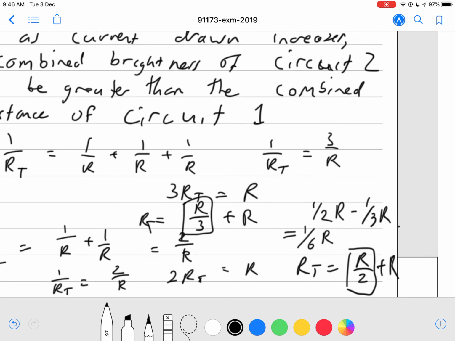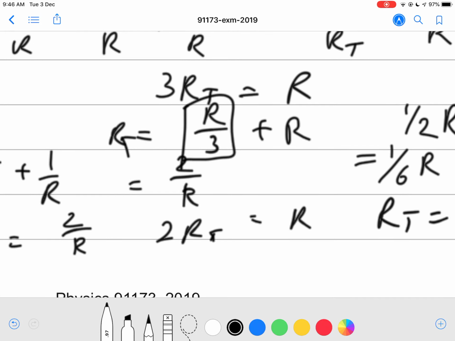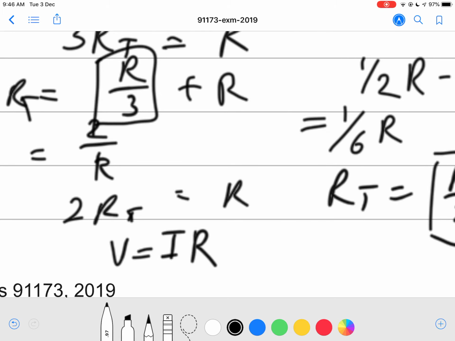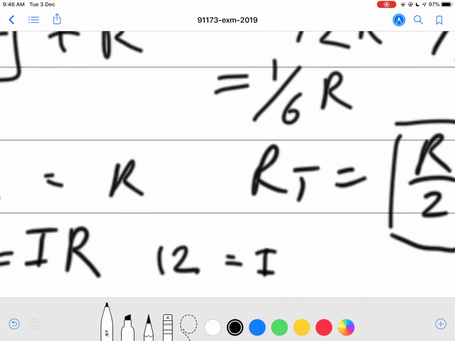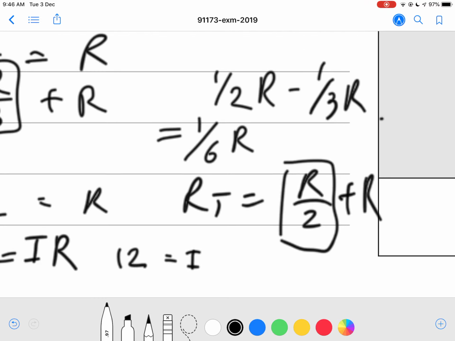So in terms of the current, V equals IR. We know voltage is 12 and stays at 12, equals I and 1/6 of R greater, so 7 over 6. Whew, it's pretty tough actually.